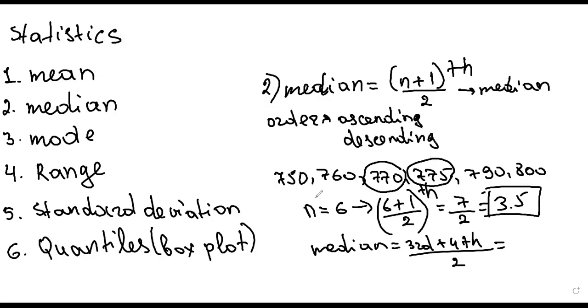So it's in ascending order, so I don't have to rewrite them. We just add 770 plus 775 divided by 2, which is 772.5.